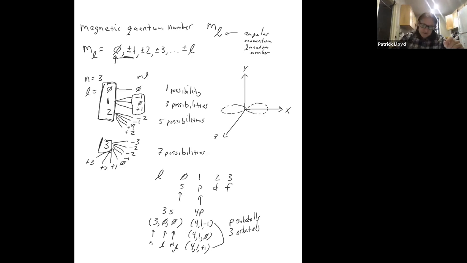Remember the p has 2 lobes, so there's 1. But I could also rotate it. Okay, so I could rotate it so that it's essentially centered about the XZ. There we go, right there.